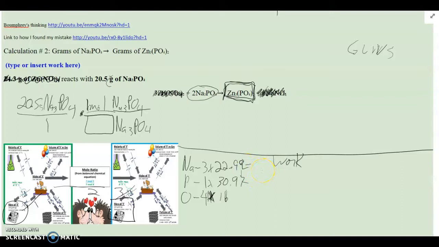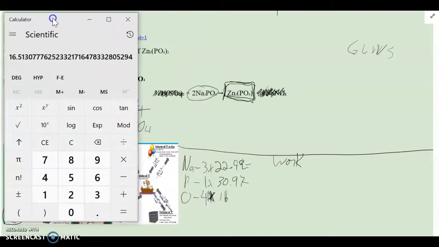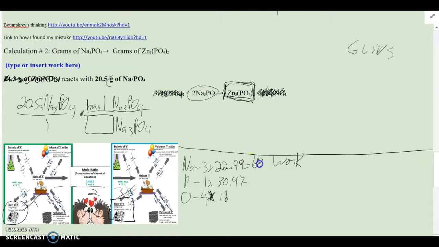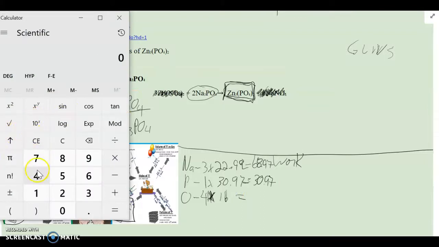All right, let's see what all this equals. What's 3 times 22.99? 3 times 22.99 equals 68.97. 1 times 30.97 is going to be 30.97. 4 times 16 is 64.